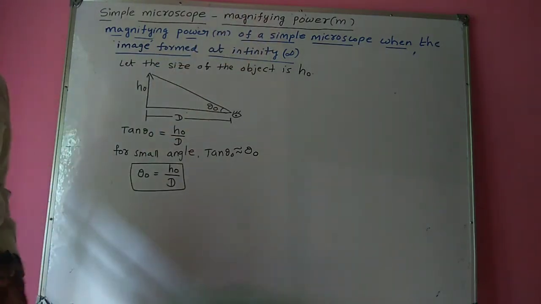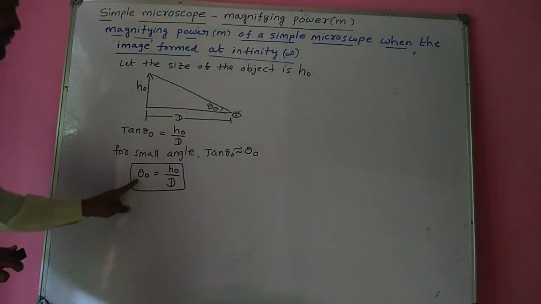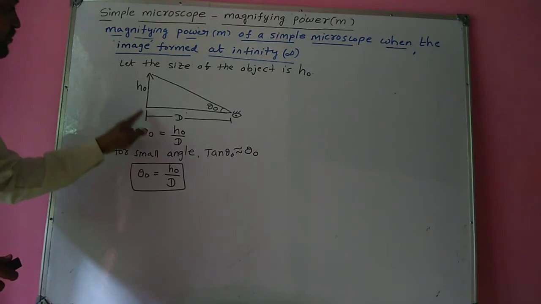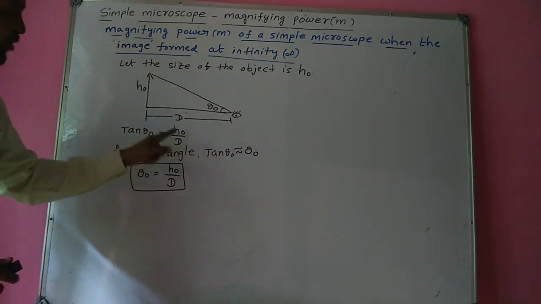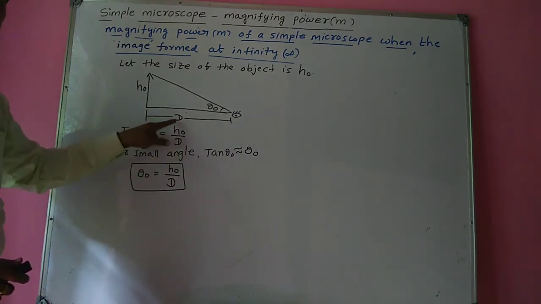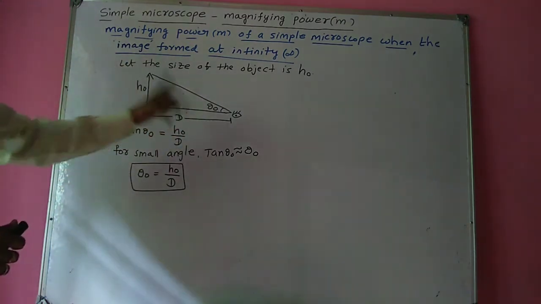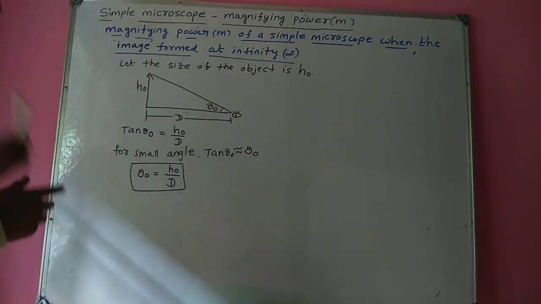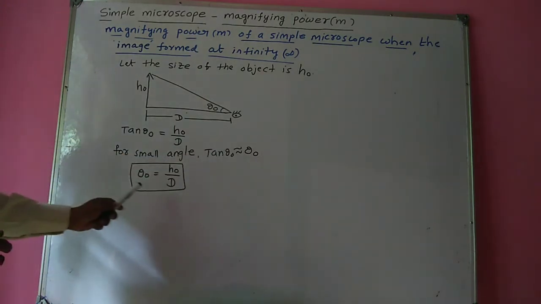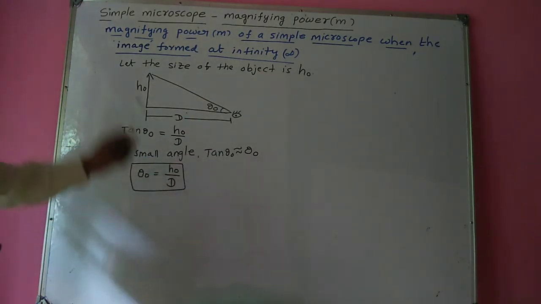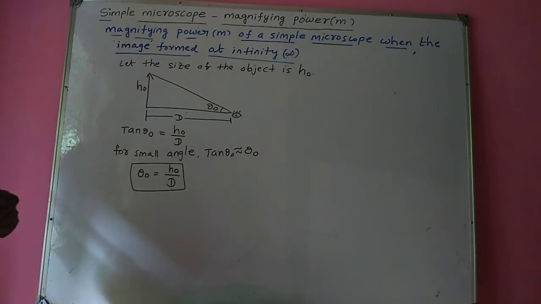We'll discuss it later. This is the angle made by the object when the object is placed at a distance capital D. We place it at capital D for convenient viewing, and it makes the maximum angle theta O. For small angle approximation, theta O is equal to HO by D.